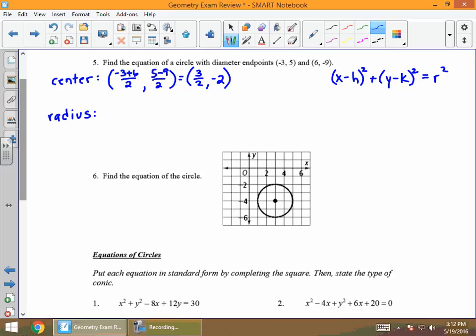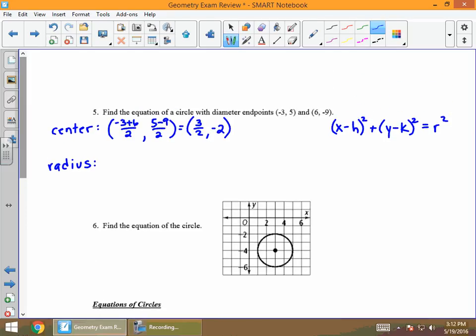So that's the center. And the radius is going to be half of the diameter, or the distance from the center to either endpoint. So I'm just actually going to calculate this distance. Square root of, if you remember the distance formula, x2 minus x1 quantity squared. So negative 3 minus 6 is negative 9 squared, plus y minus y: 5 minus negative 9 is 14 squared.